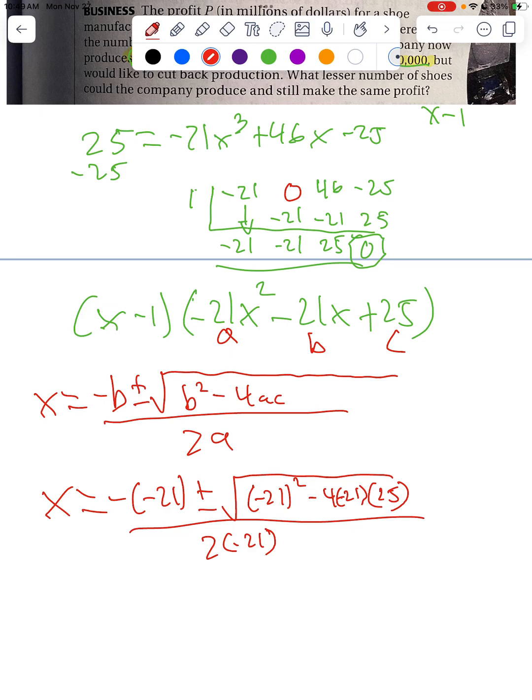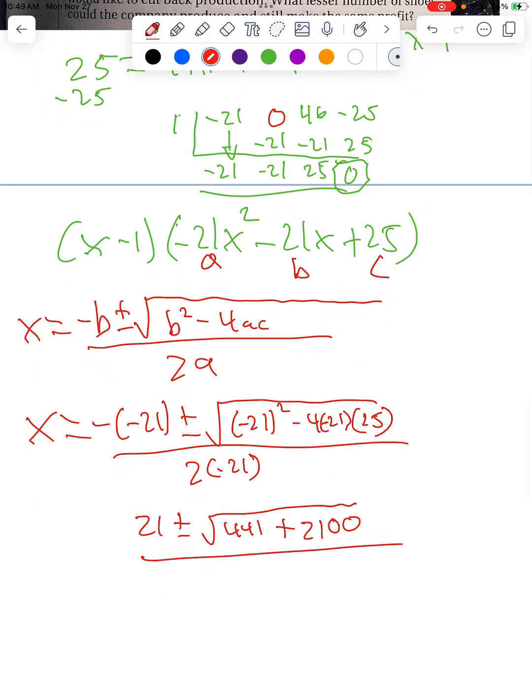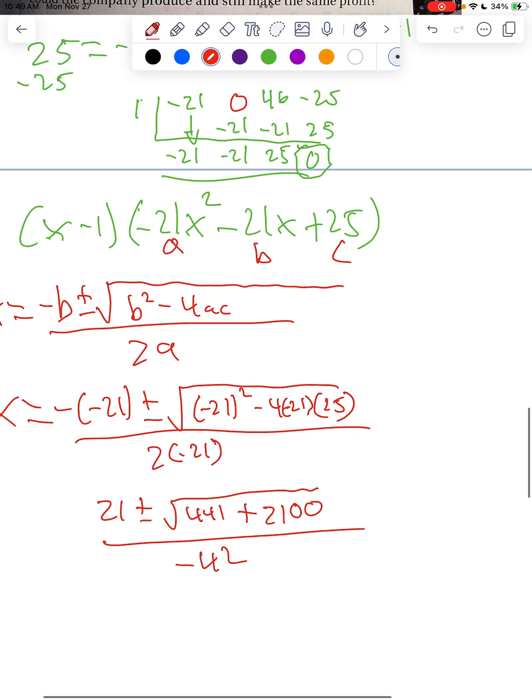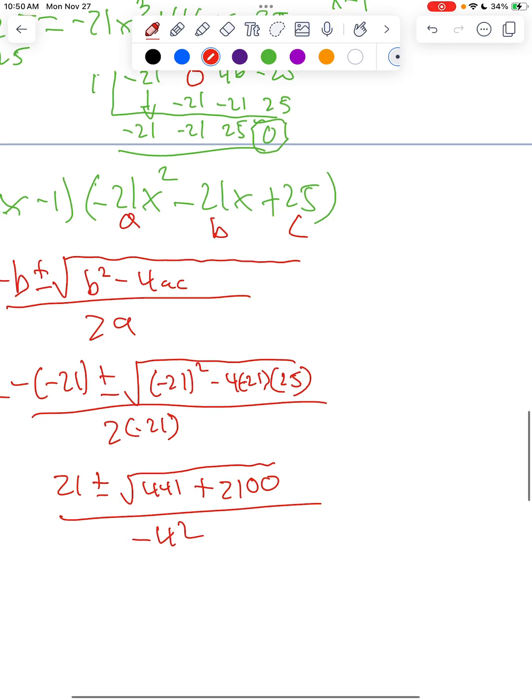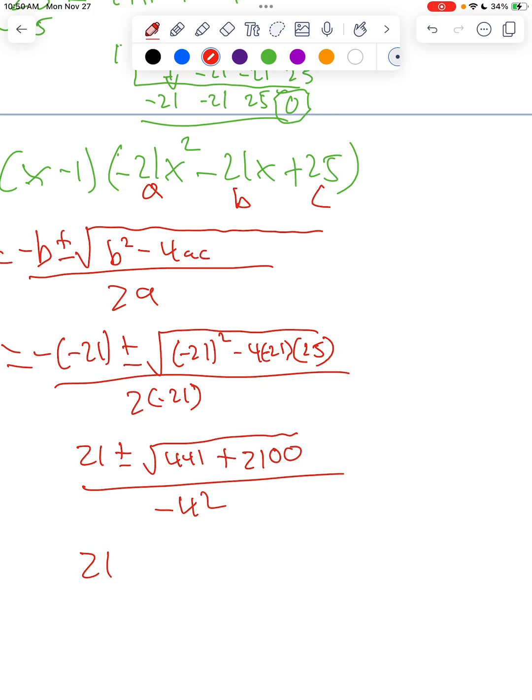Negative 21 squared. Again, the negatives are going to cancel out. So that's going to give me 21 plus or minus the square root of 21 times 21, which is 441, minus 4 times 21 times 25. And a negative times a negative makes a positive. Let's keep going. 441 plus 2,100, 2,541.